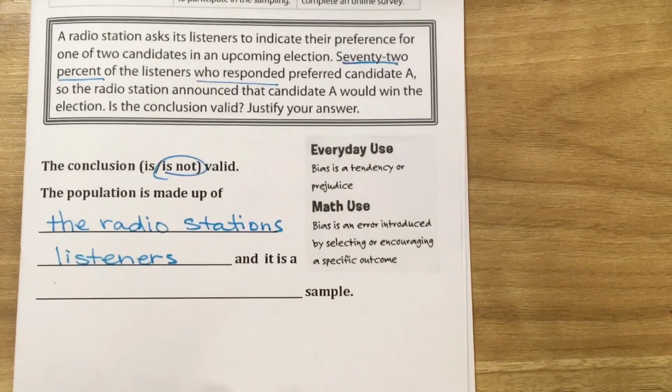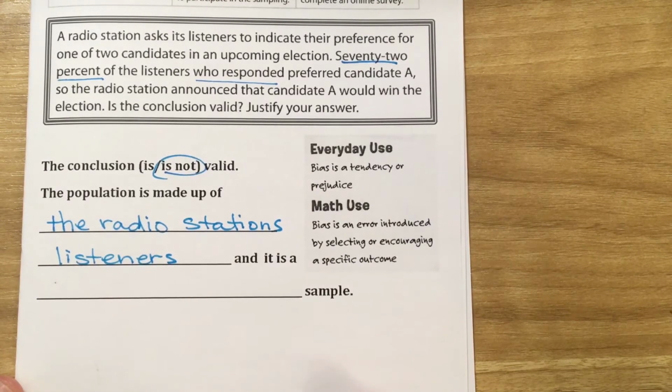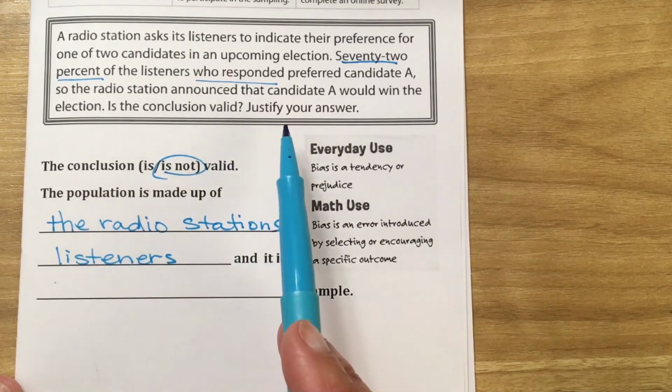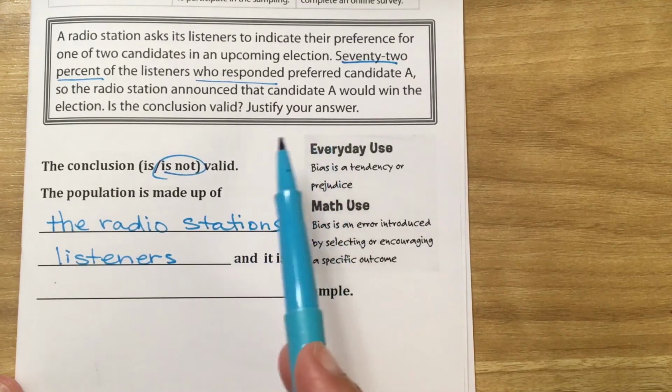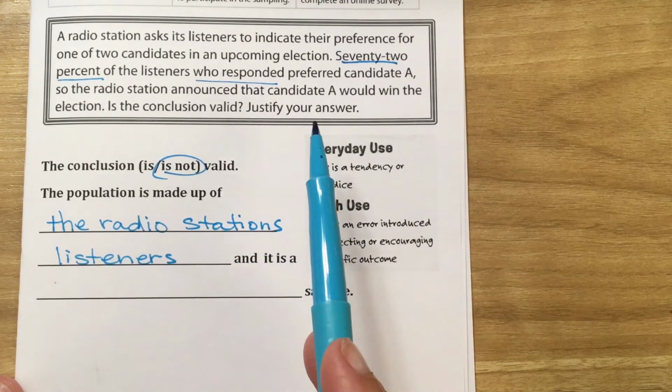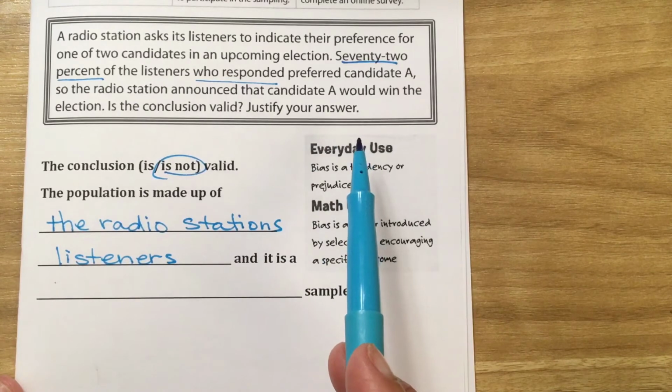It could be an oldie goldie radio station where people 70 and older are listening. It could be an R&B or country station. Who knows? It could be just talk radio. So it's not a good sample of a large population where we're looking at an election. It doesn't say if it's a local, state, or national election.